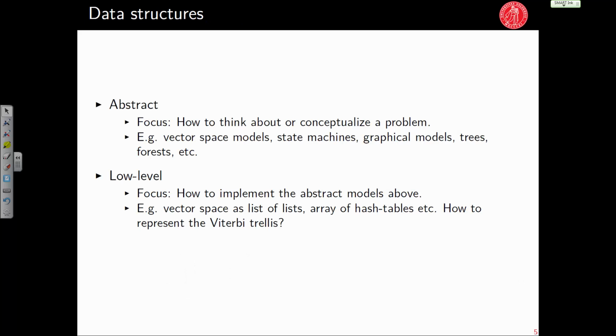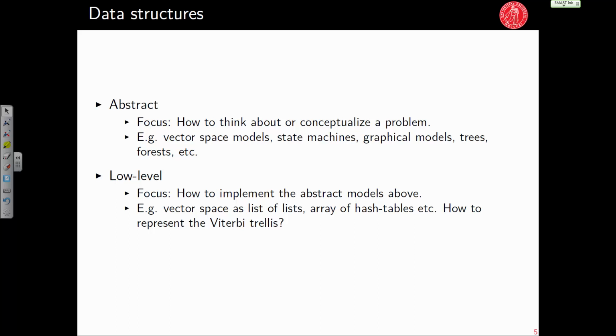Another way to look at our topics, the topics that we introduced, is they are all abstract models that we use to represent or conceptualize a problem. So in vector space models, we wanted to find an abstract model to represent the distribution of words or objects in general and how similar or dissimilar they are.